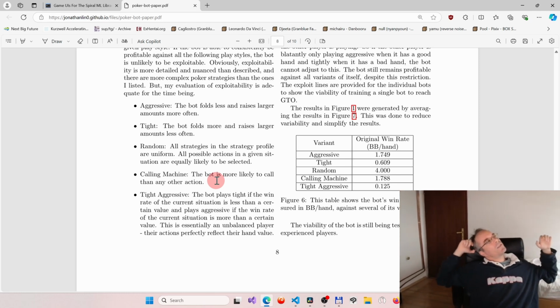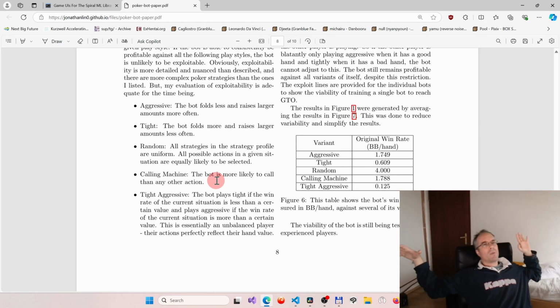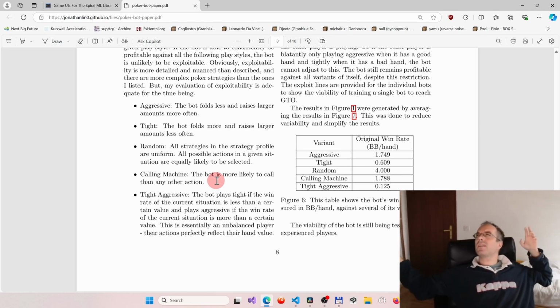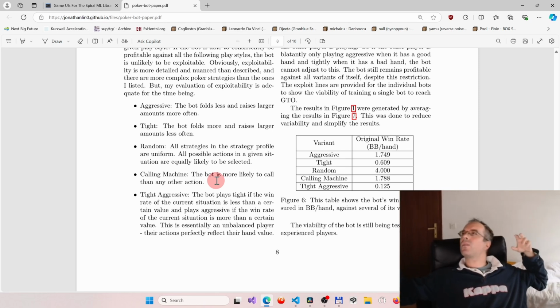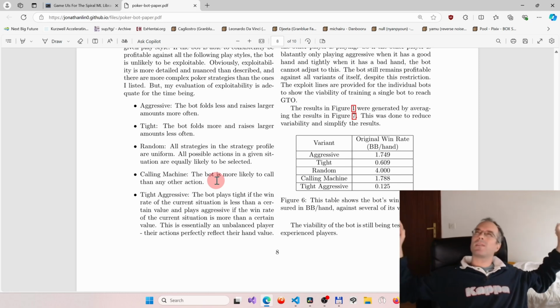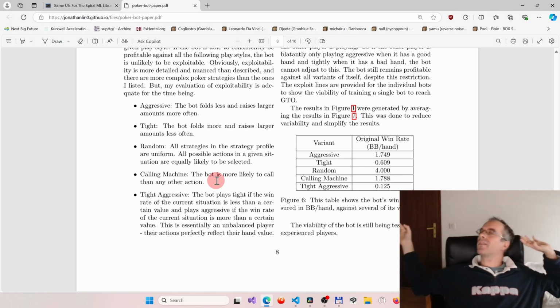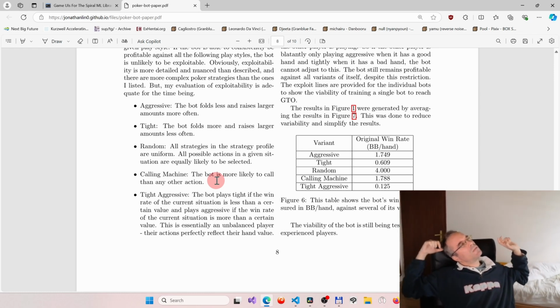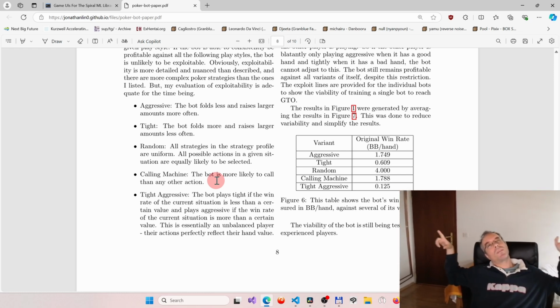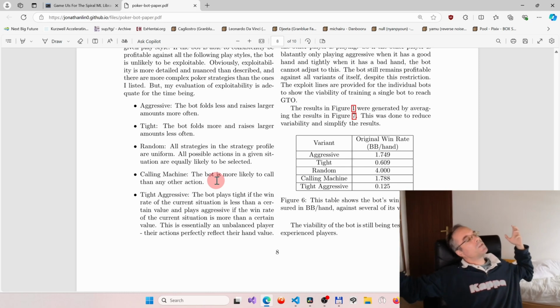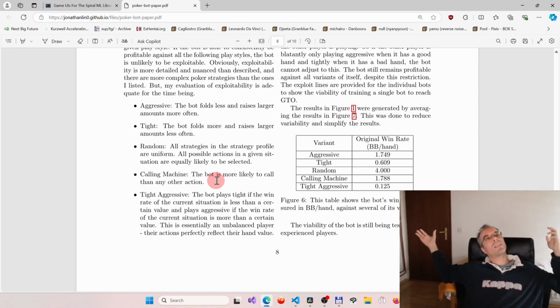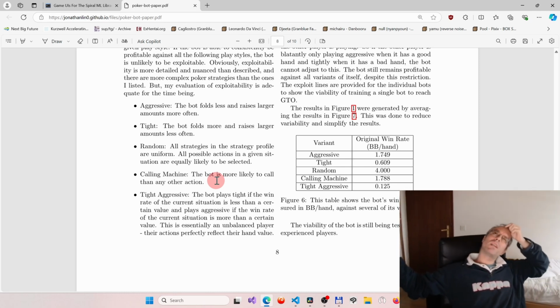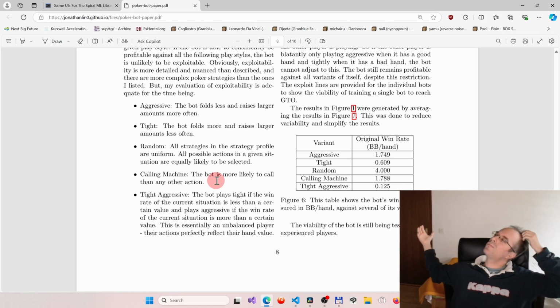And in fact, we could get rid of the all-ins from our arsenal. We could allow only pot size bets for the time being: raise pot, call, and fold. And it will probably learn to never fold against a calling machine, and the calling machine will only ever call.